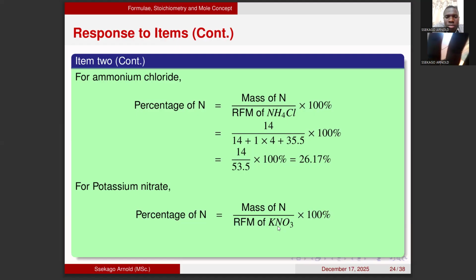So you can easily see that there is only one capital N. Therefore, up, I'll put 14 since there is one atom of nitrogen. Then down, capital K, from the information given in the bracket, capital K is 39. Then plus capital N is 14. Then plus capital O is 16, but there are 3 of them. So we shall write 16 times 3, then times 100%.